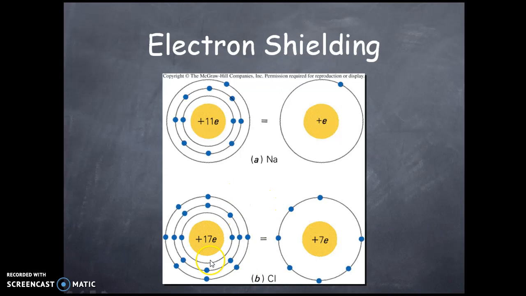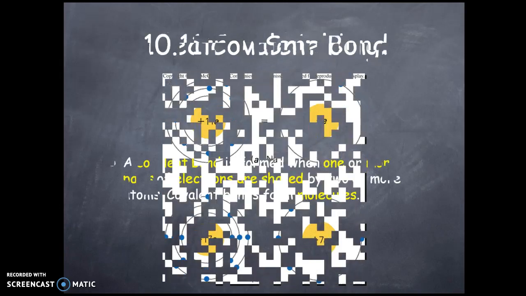The number of protons remains the same in sodium and chlorine, but sodium gets rid of one electron and chlorine gains one electron. So sodium becomes the Na plus ion and chlorine becomes the Cl minus ion. Sodium lost one charge, so it becomes a positive ion, and chlorine becomes a negative ion.